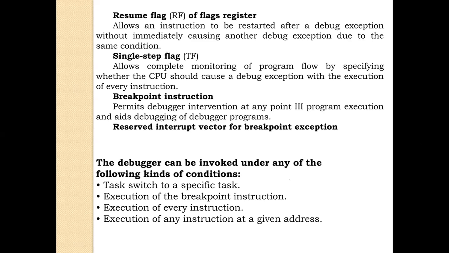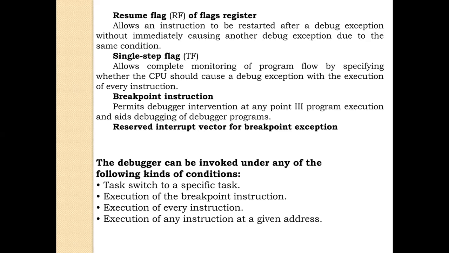The single step flag allows complete monitoring of the program flow by specifying whether the CPU should cause a debug exception with the execution of every instruction. The breakpoint instruction permits debugger intervention at any point in program execution and aids the debugging of the debugger program.